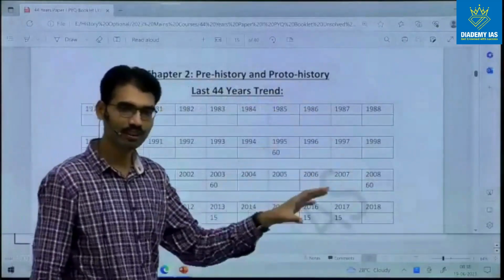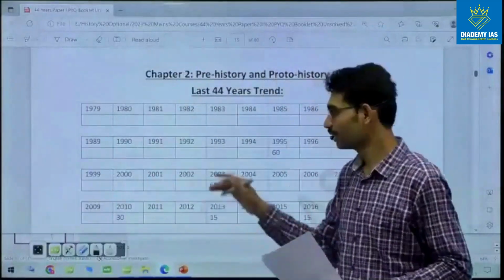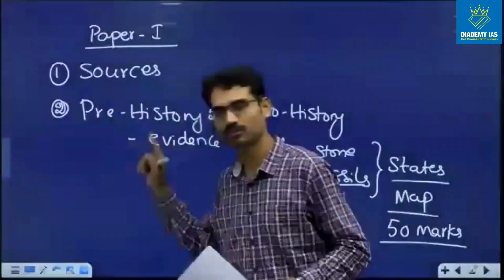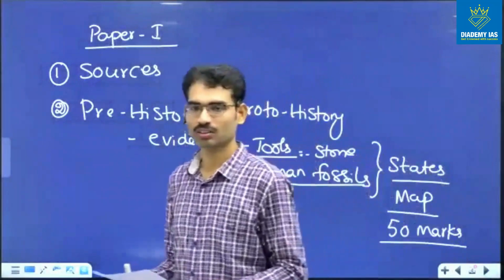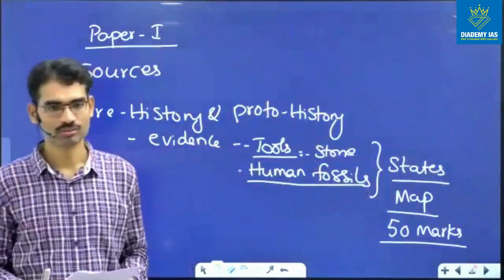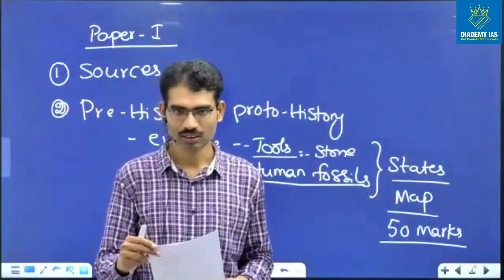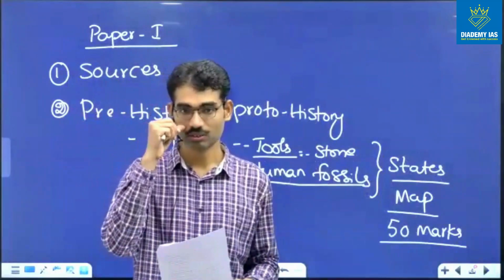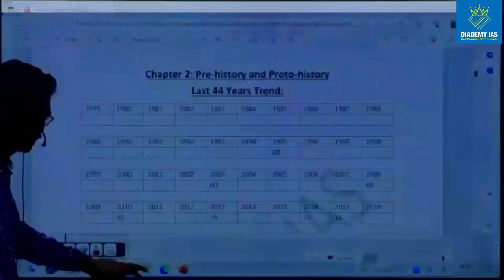Around 7 to 8 questions in maps belong to this place. That's why this shows the importance of prehistory and proto-history. I will show you the total number of questions.